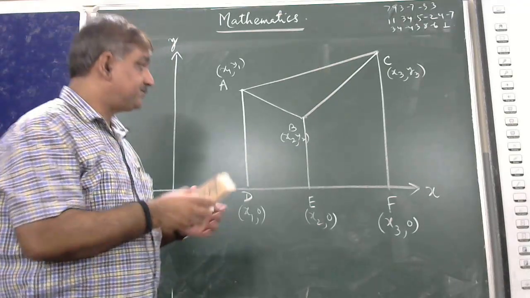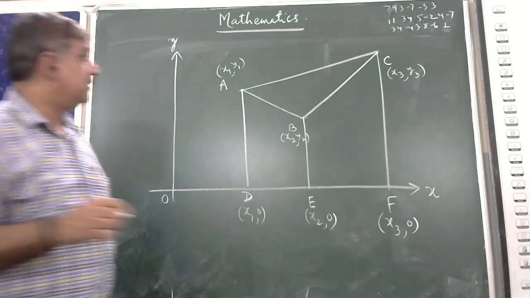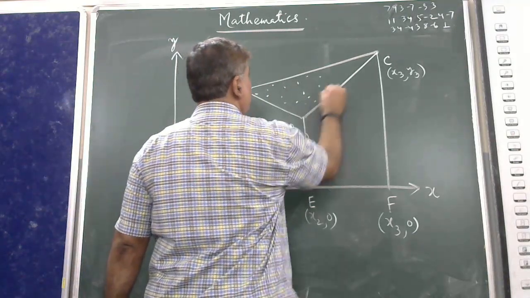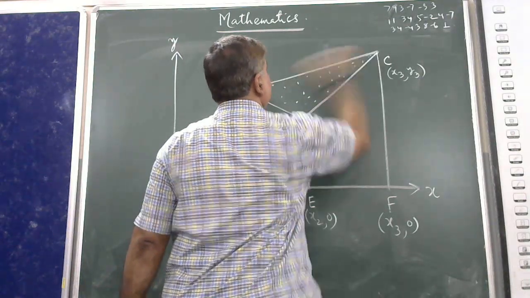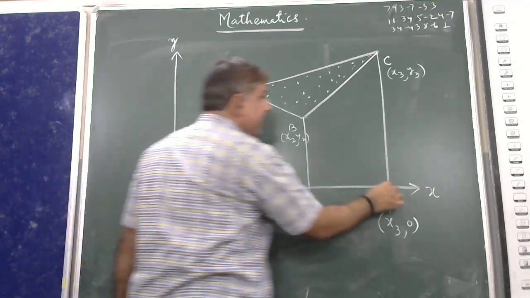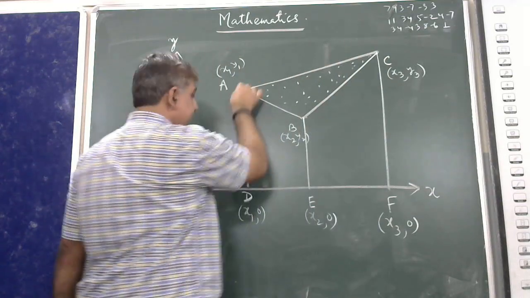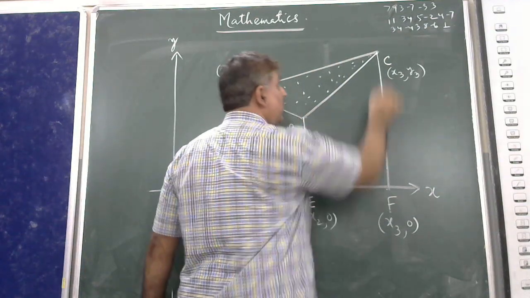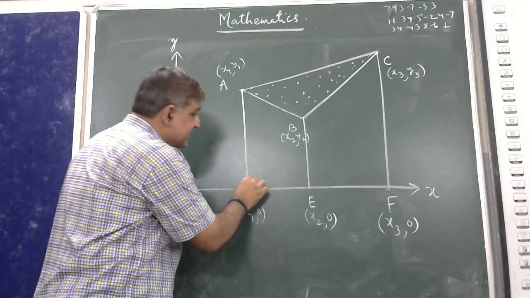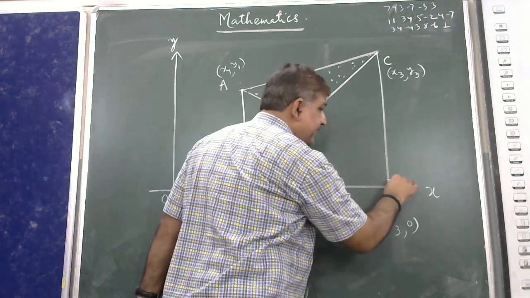Now, if you want to find the area of this triangle, what you have to do? You see, this A, P, F, C, this quadrilateral is a trapezium. Why? Because this angle is 90 degrees, this angle is also 90 degrees.